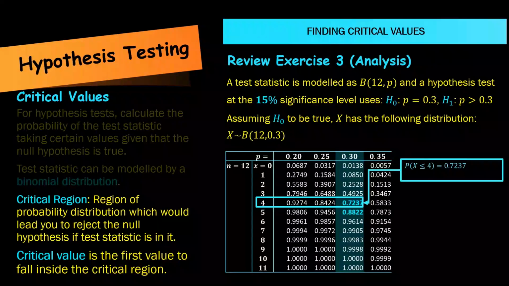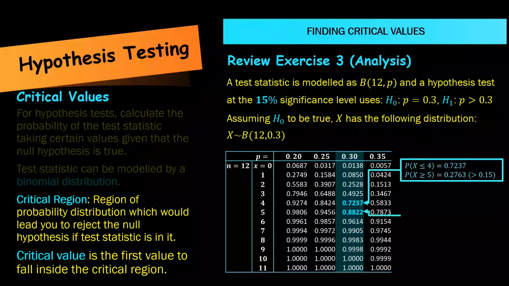We're going to make clear in a moment why these two particular values have been highlighted. So from this we can gather that probability x greater than or equal to 5 equals 0.2763. Notice this is greater than 15%.